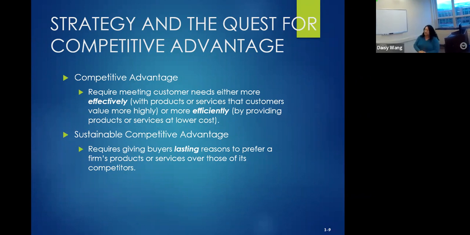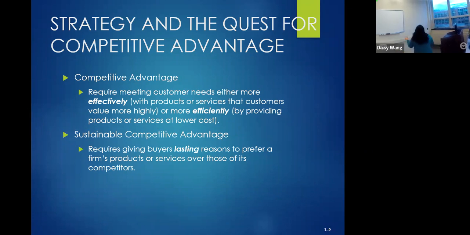Then you only have competitive advantage. But if you can do something better than your competitor, and you constantly keep improving it, so no competitor can do better in certain things than you, then you have the sustainable competitive advantage. That's the advantage that will last almost forever.